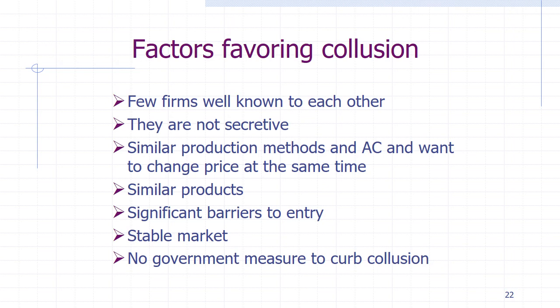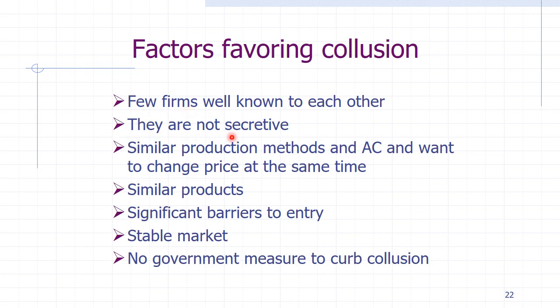The factors favoring collusion. Collusion means again cartels. So in another way, what are the plus points, the advantages favoring cartels? Few firms well known to each other can work together as a group, as a team. So they are not secretive.